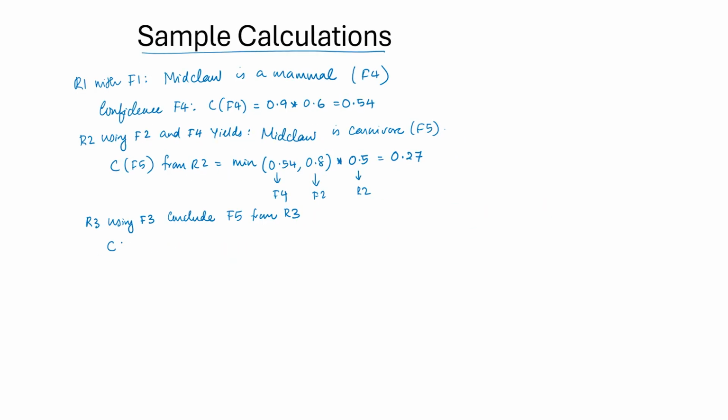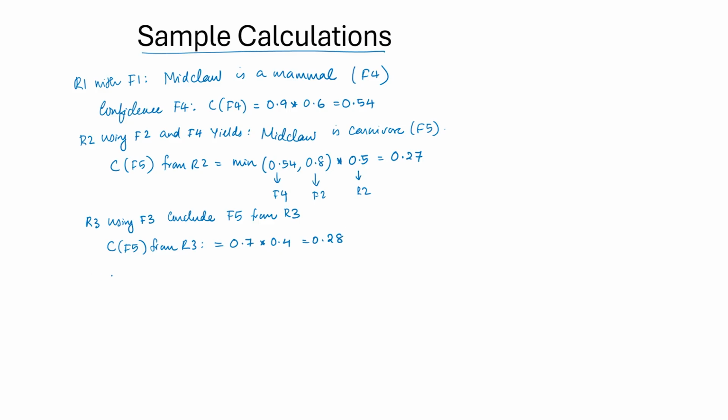The C of F5 from R3, you can make the conclusion through this fact also, equal to 0.7 multiplied by 0.4, which is equal to 0.28.